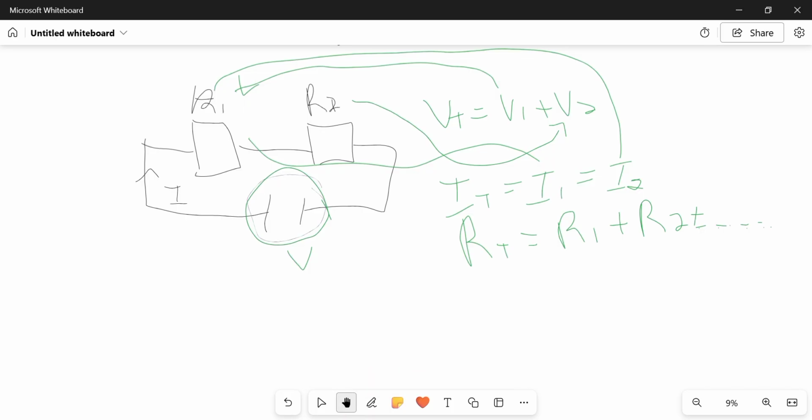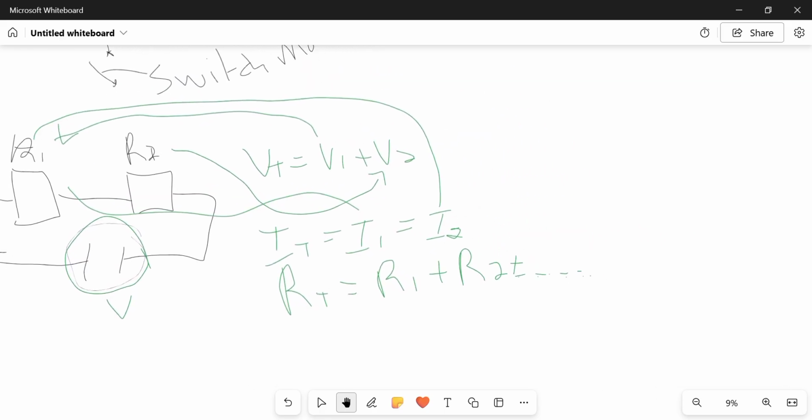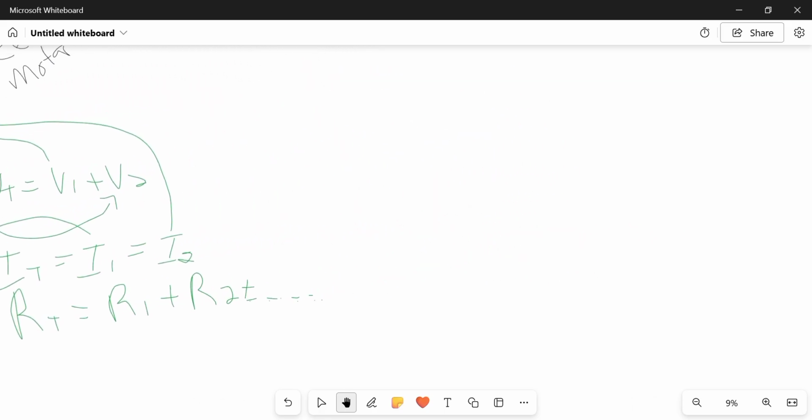Now we're going to look at parallel resistors, resistors connected in parallel.